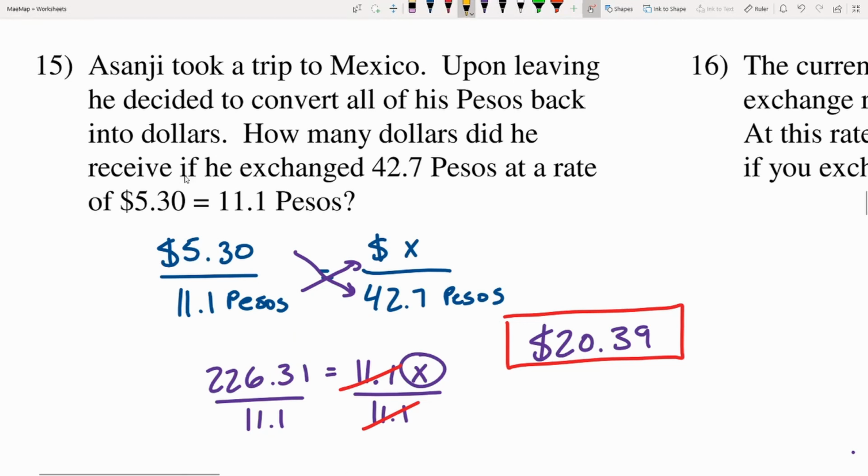Also, if you wanted to see this as an equality, you could have also set your proportion up as 5.3 over 11.1 equals 42.7 over X. We're dividing by some dollar amount X, but that's the same rate as dividing by 42.7. When doing this method, we'll still cross multiply, except this time we're going to multiply 5.3 by 42.7.